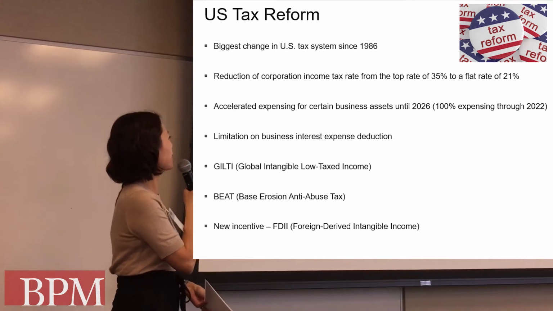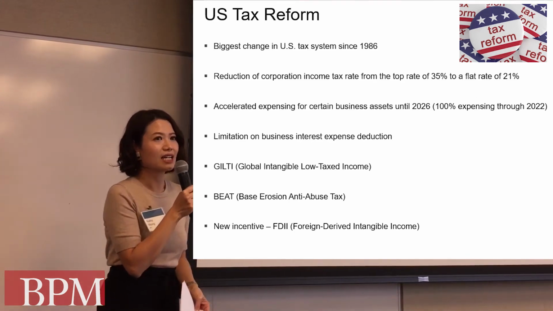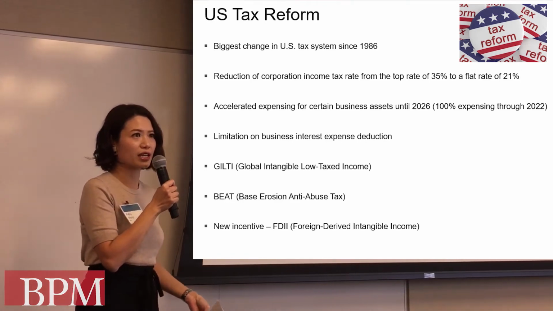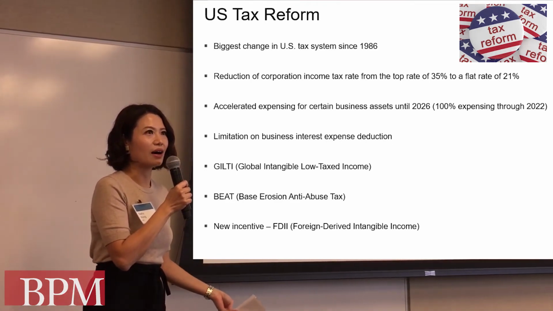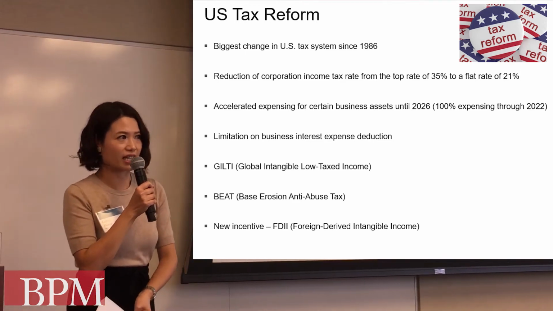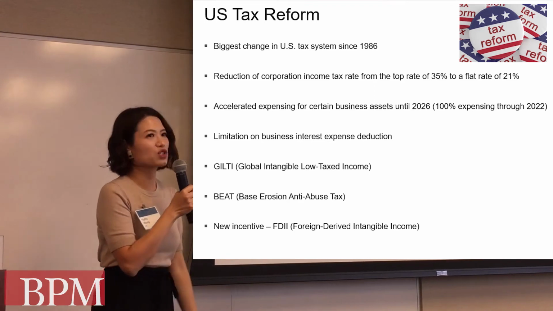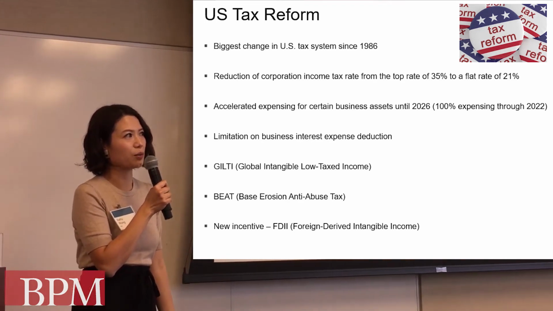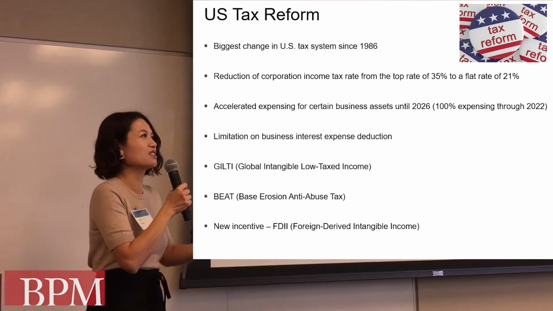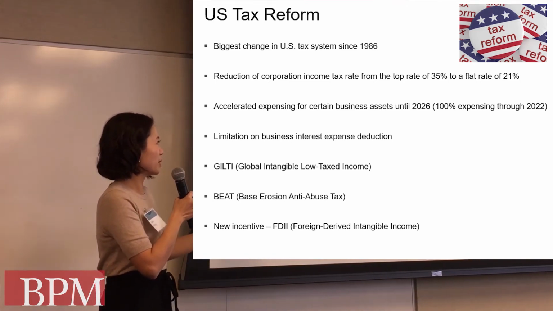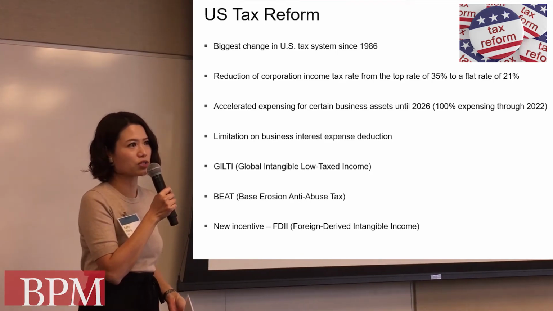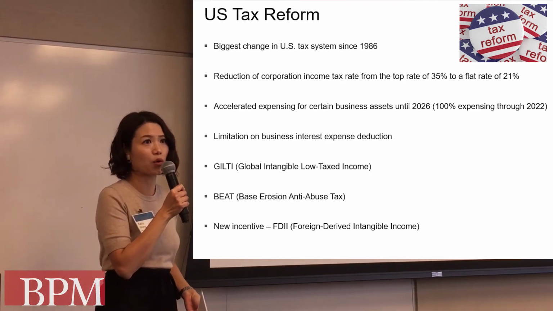BEAT is the base erosion anti-abuse tax. This is like an extra minimum tax for US companies who are paying for services to their foreign affiliates. This relates a little bit to transfer pricing because if you are paying a certain amount, there's a really complex calculation, but it only applies to companies with 3-year average gross receipts of 500 million or more.